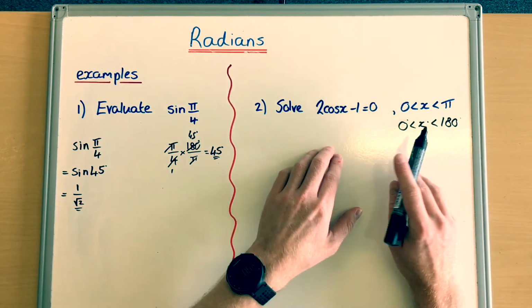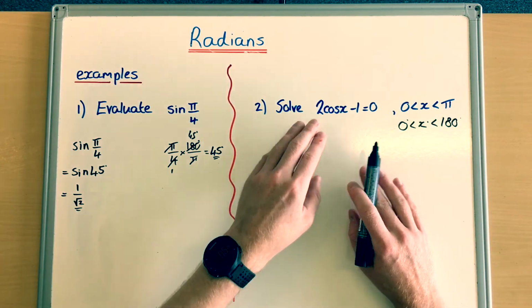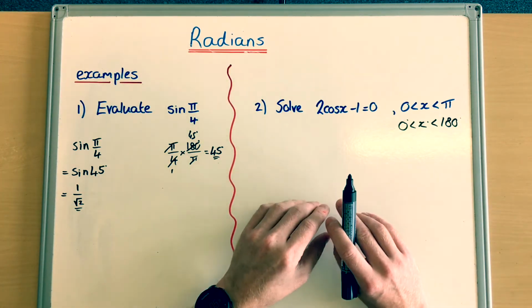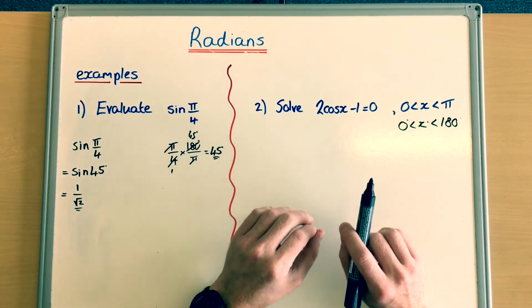So I'm now going to go ahead and solve this question as normal using my CAST diagram, principal value. I'm going to get my solutions and then we'll take it from there.